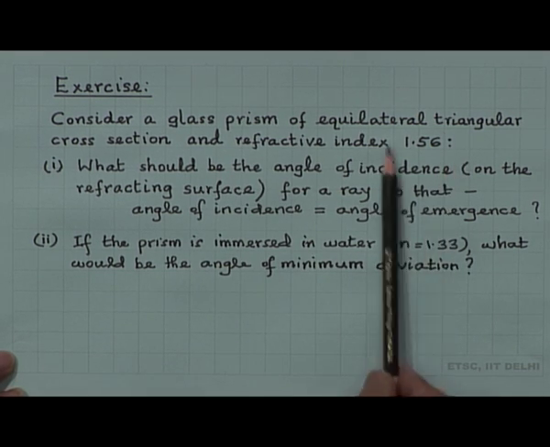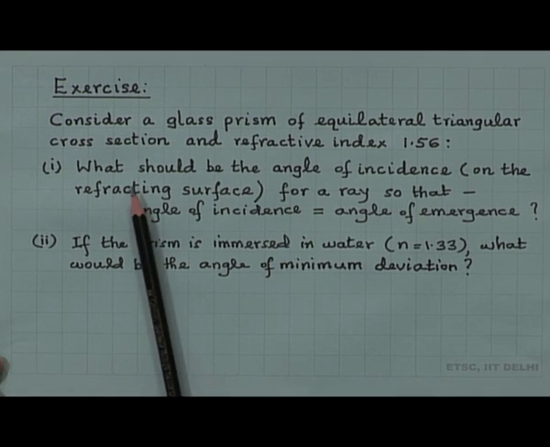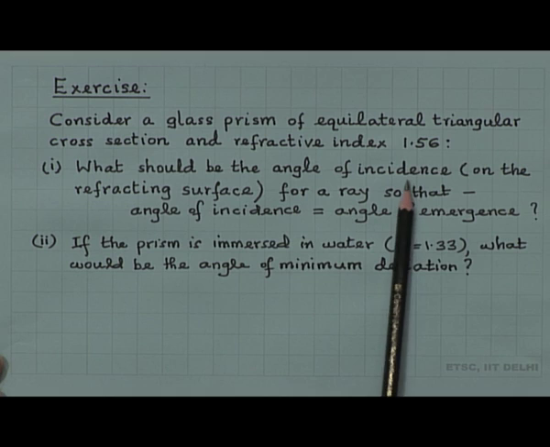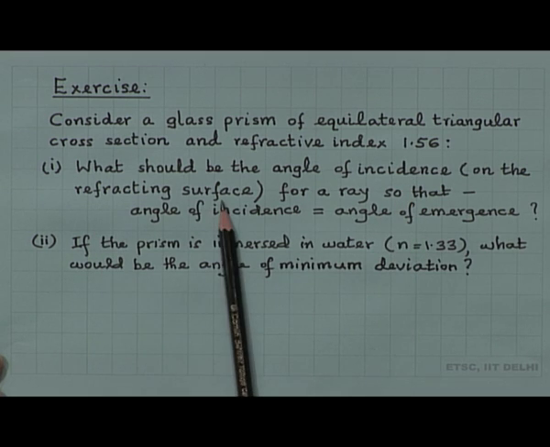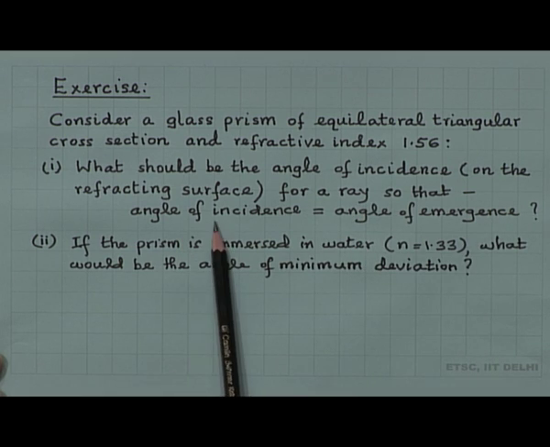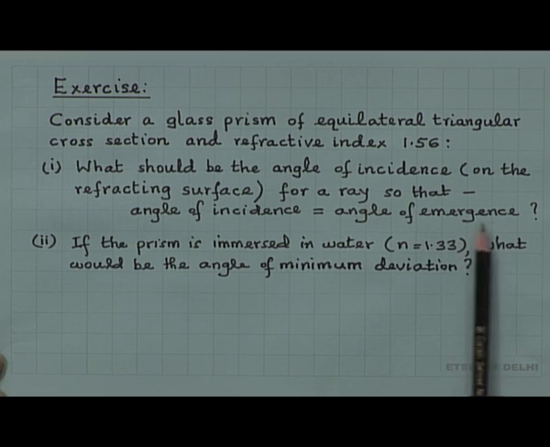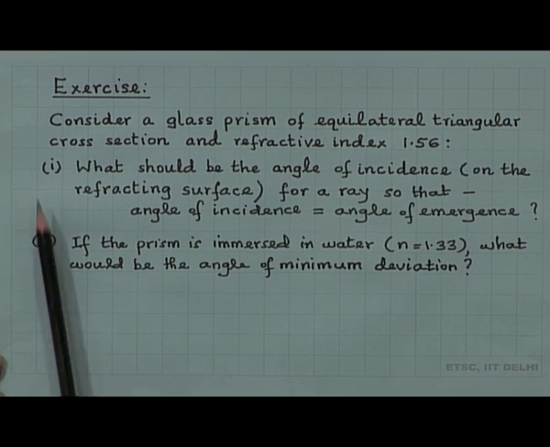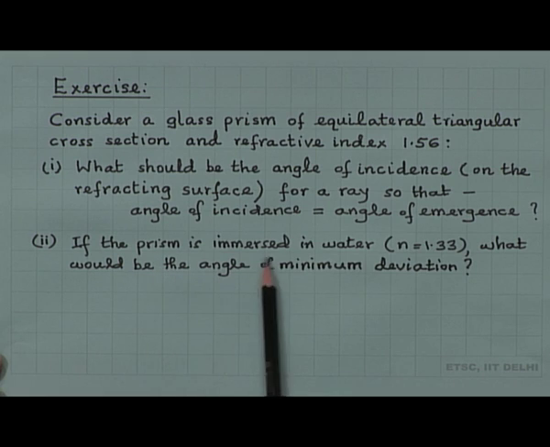The refractive index of the material is 1.6. What should be the angle of incidence on the refracting surface for a ray, so that the angle of incidence is equal to the angle of emergence? Second part: if the prism is immersed in water, with refractive index n equal to 1.33, what would be the angle of minimum deviation?